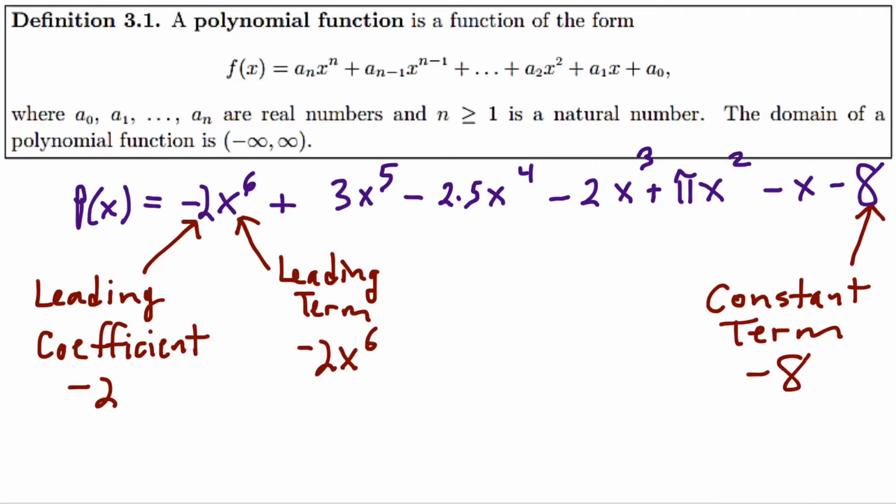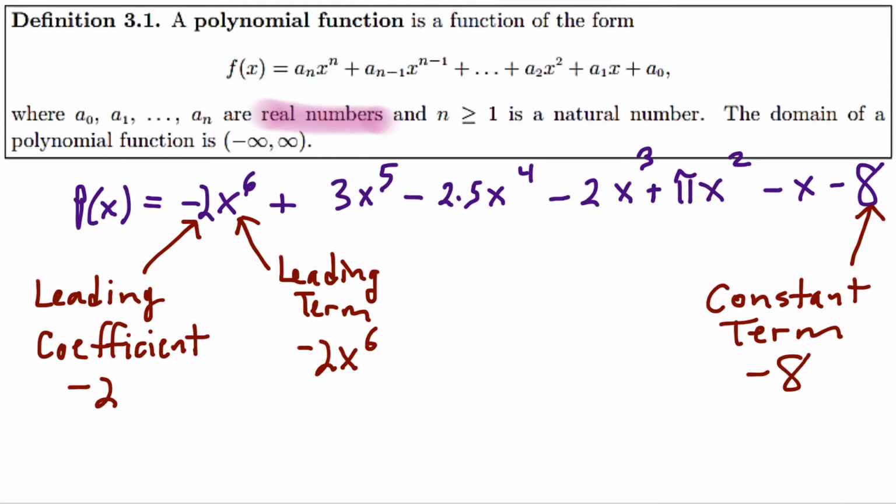First thing we'll talk about is the textbook definition of a polynomial function. So here's what it generally is going to look like. It looks a little bit crazy, but let's break it down into something fairly simple. The basic idea is that these numbers in front, a sub n minus 1, etc., all the way to a0, are simply real numbers. Remember, a real number is any number that can be written as a decimal.